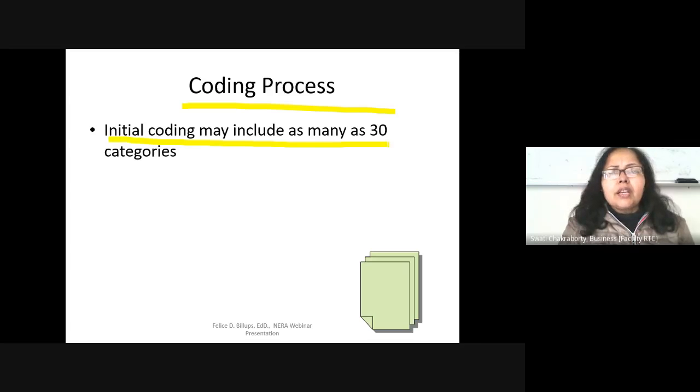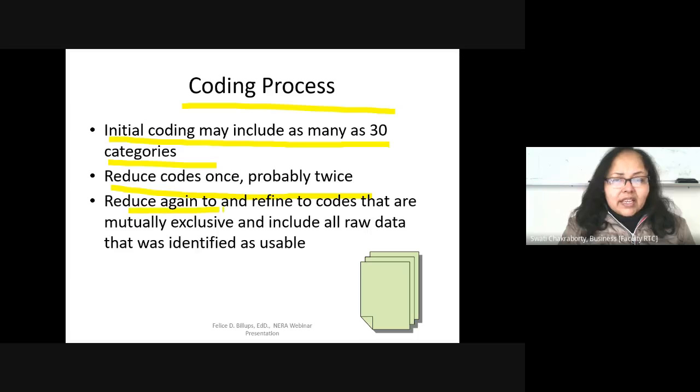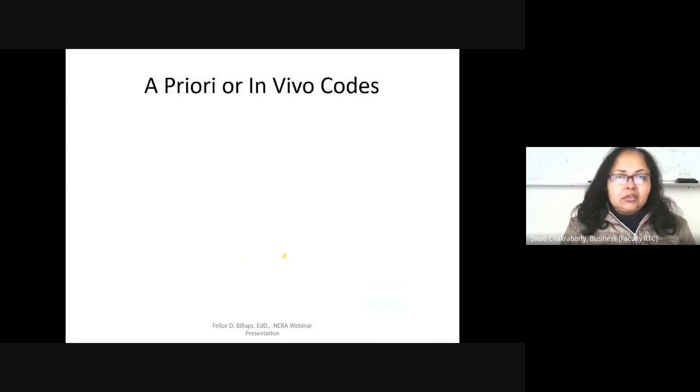Initial coding may include as many as 30 categories. Then you start reducing the codes once, or maybe twice, and reduce again to refine to codes that are mutually exclusive and also include all raw data that was identified as usable.